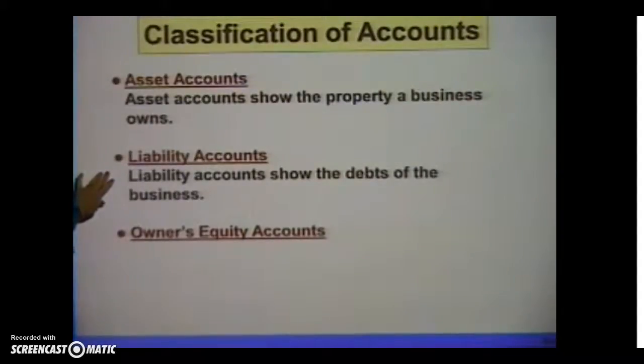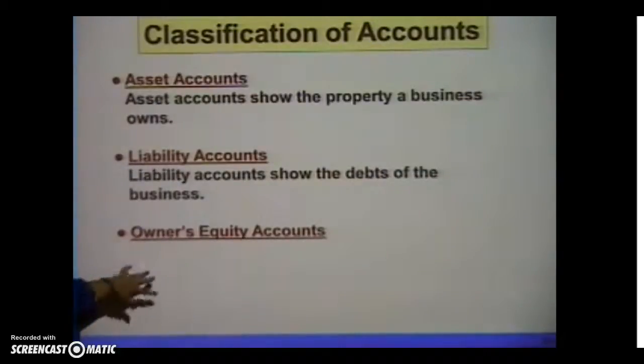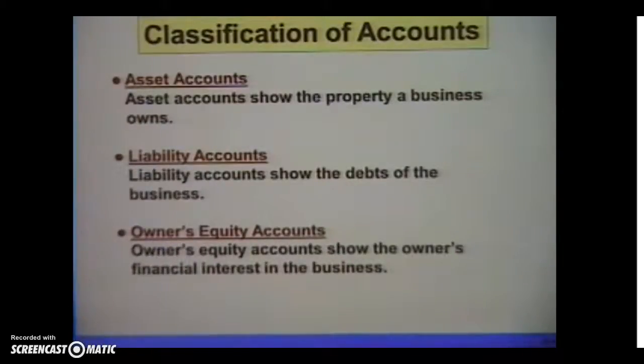Those creditors still have a claim on it. Anything that shows up in owner's equity is free from any other claim. That means the owner has full claim over it. It's his. Paid all the debts on it, right? And it's his. It shows his financial interest in the business.